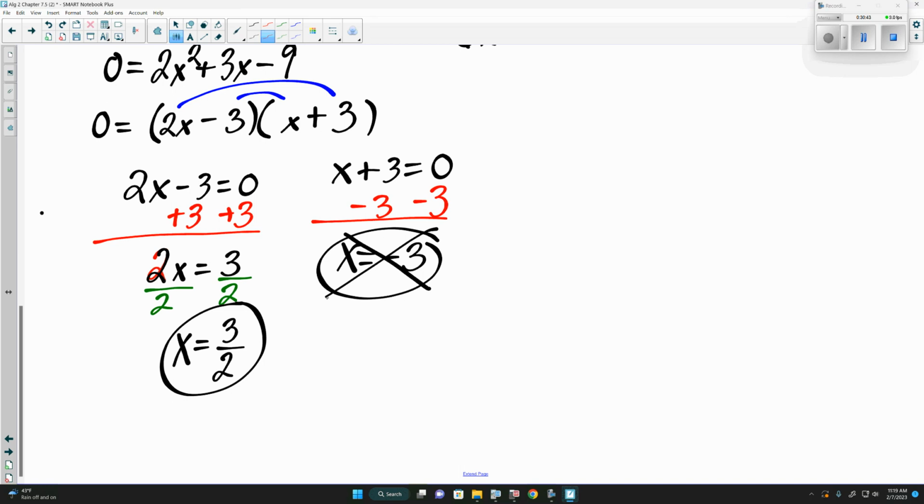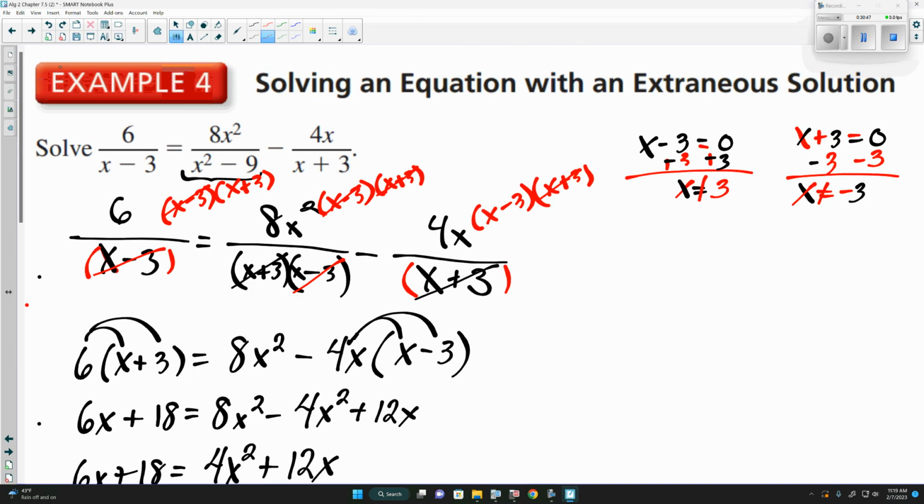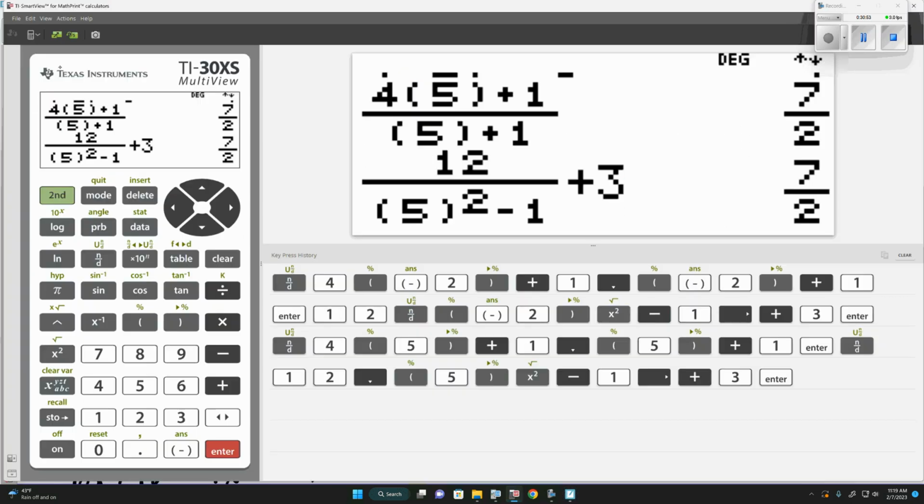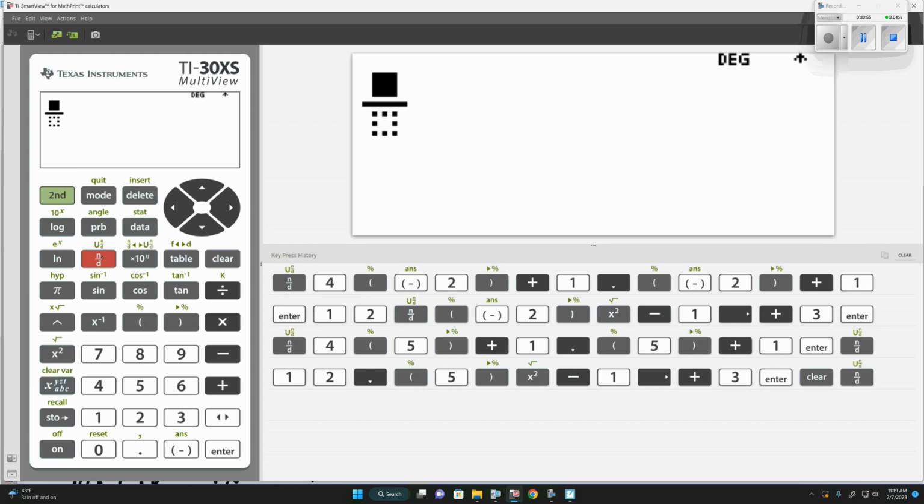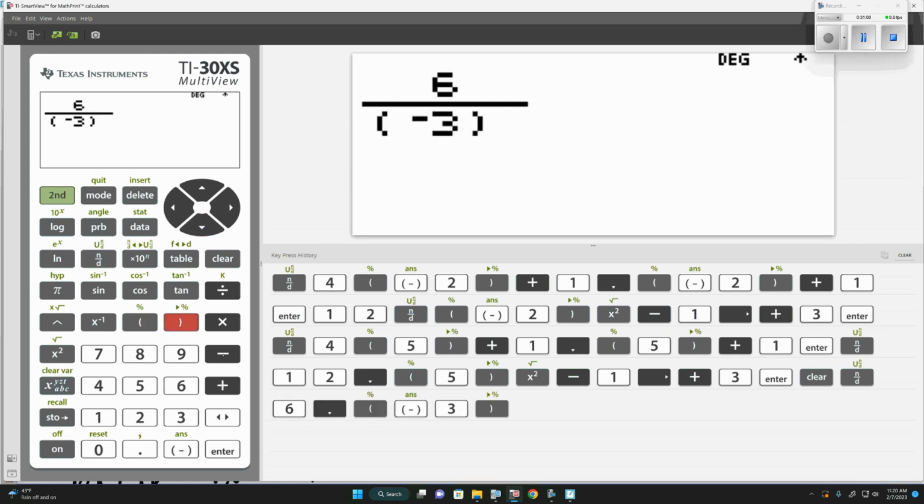It would have thrown up an error, yes. So we can do the same thing we did on the first one, plugging it in. I'll show you the other way we can check it. So 6 over -3 minus 3. So this is the one side. It's -1.